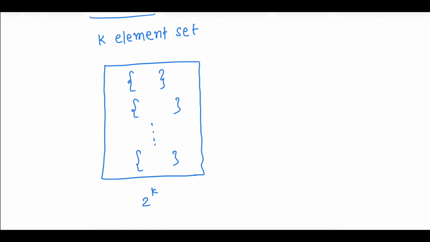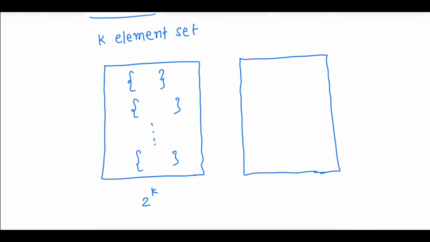Now what we can do for the k plus 1th element is we take all the existing subsets as is, and then for each subset which we already formed, we add the k plus 1th element, right? We will do it for all the subsets which we already formed, right?